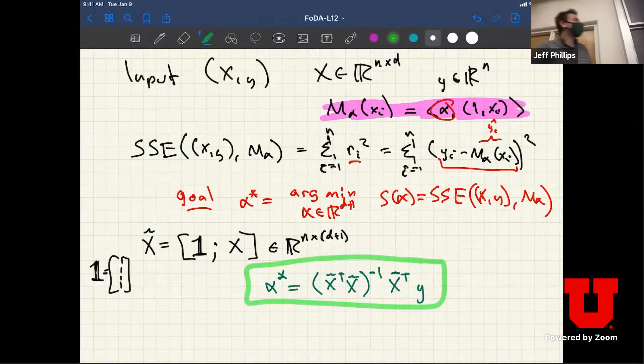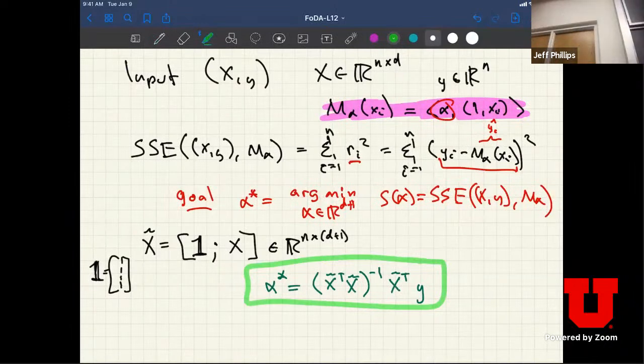This is our optimal solution. This piece of linear algebra is multiplying some matrices together, taking an inverse, multiplying another matrix, and multiplying by y. I get the answer.